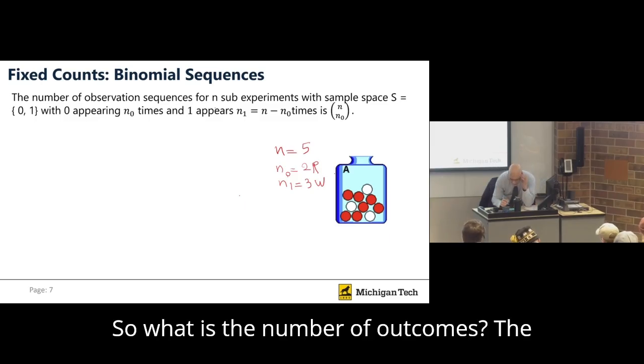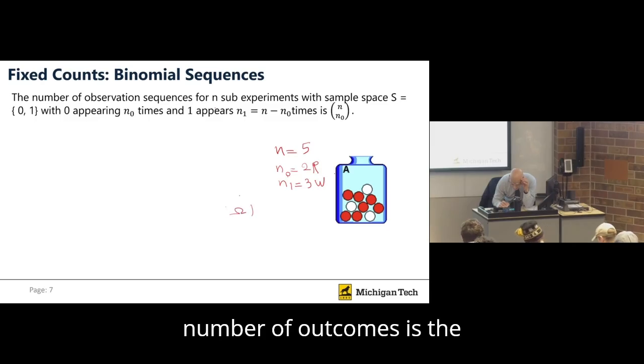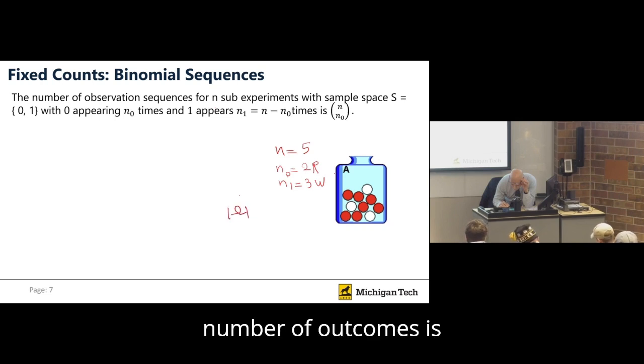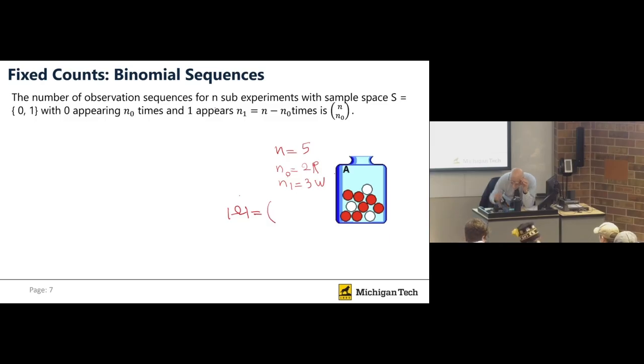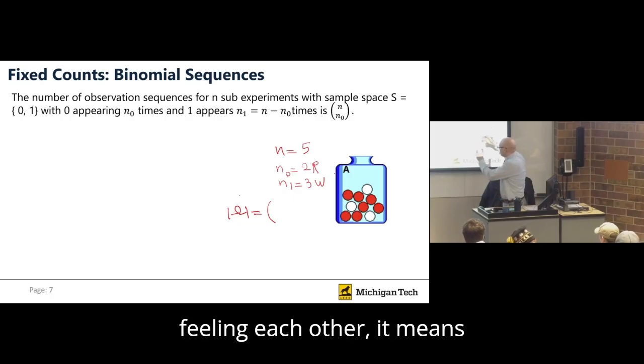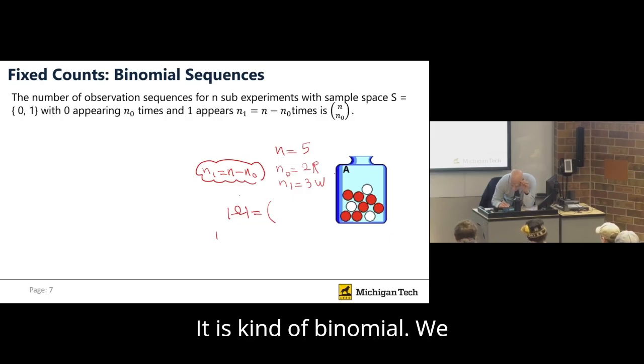So what is the number of outcomes? The number of outcomes is a combination. But in this case, because they complement each other, n1 is n minus n0. This is a kind of binomial.